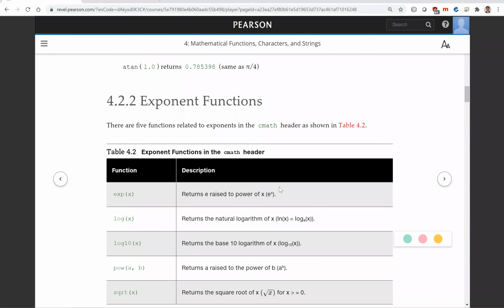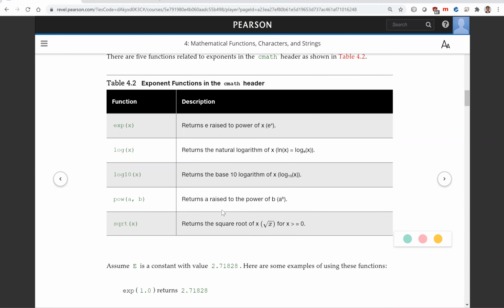Exponent functions. exp(x) returns e raised to the power of x. log(x) returns the natural logarithm of x. log10(x) returns the base 10 logarithm of x. pow(a, b), which we already used, returns a raised to the power of b. sqrt(x) returns the square root of x.